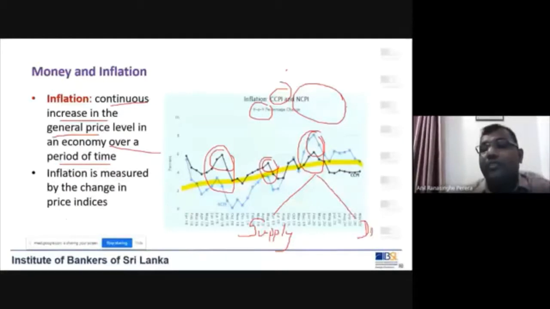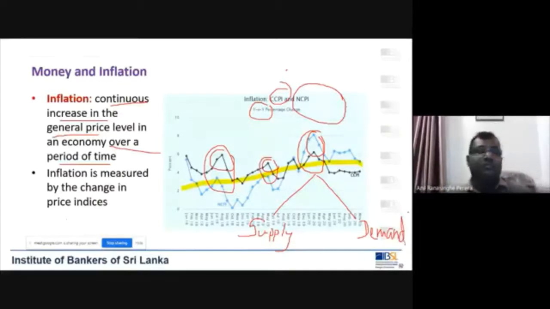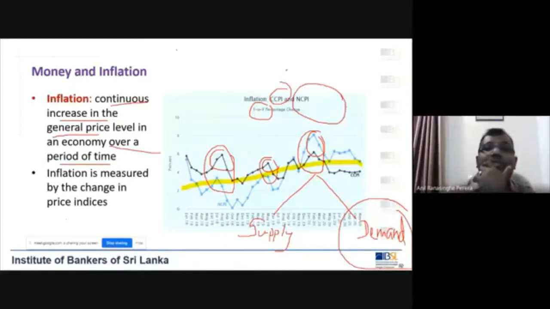So this is the important part for today's discussion. Demand driven inflation means when people demand more and more goods and services, and the economy doesn't have that many goods and services to supply to fulfill that demand, then the prices increase. Very simply, the demand supply mechanism.